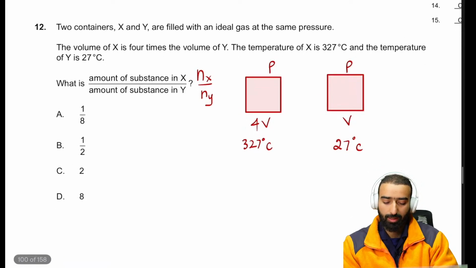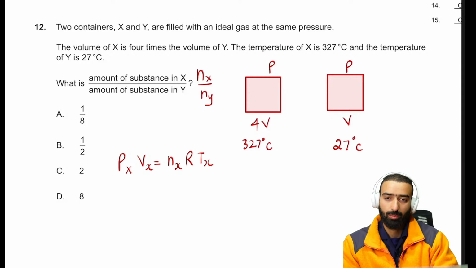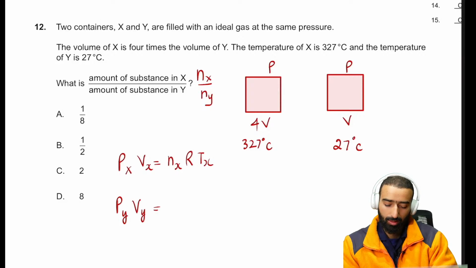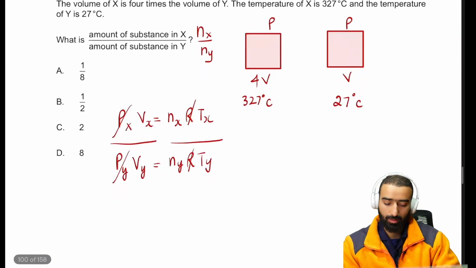Let's apply the ideal gas equation. We have Px Vx equals Nx R Tx. Apply the same equation onto gas Y. We have Py Vy equals Ny R Ty. We can divide these two. R and R go away. They are at the same pressure, so the pressure cancels.